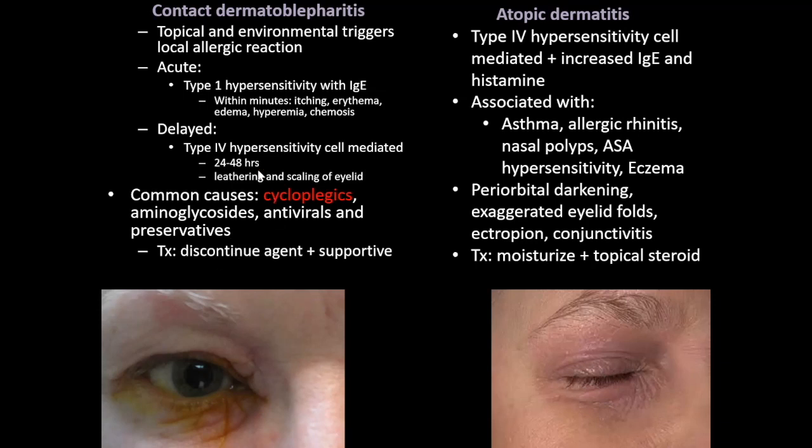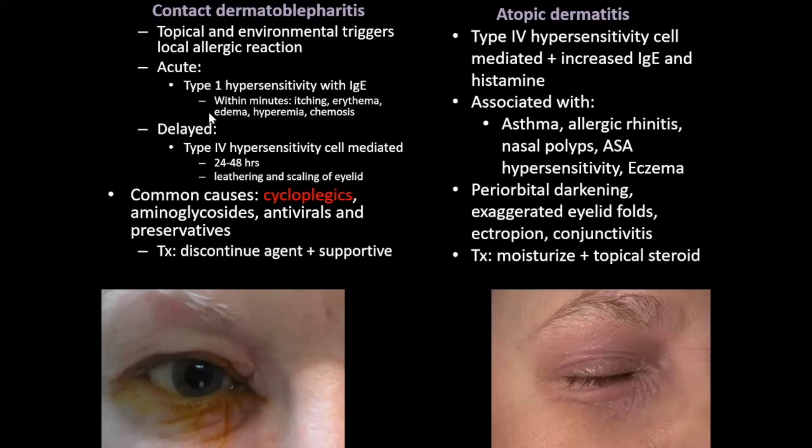where a patient gives a history of having used a cycloplegic agent, atropine being the typical culprit, or having used an aminoglycoside like gentamicin or an antiviral agent, or any of the preservatives or some of the topical agents, and they come within a very short period of time with lid edema, with signs of a type 1 hypersensitivity reaction.